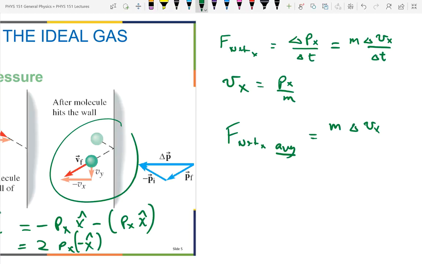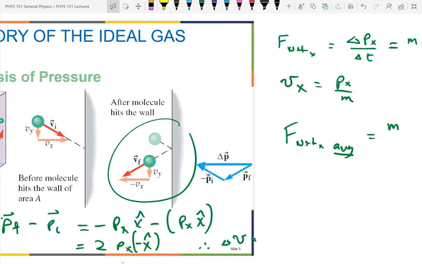well, I have to be a little more careful. It's going to be the change in velocity that occurs for one collision. I did the change in momentum here. The change in velocity in the x direction will thus be equal to velocity in the x direction. I dropped the minus sign because that only had to do with the direction. So now I'm talking about the x direction.